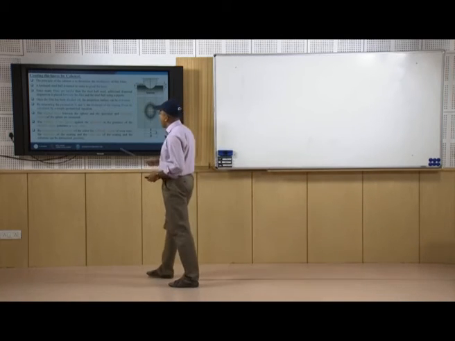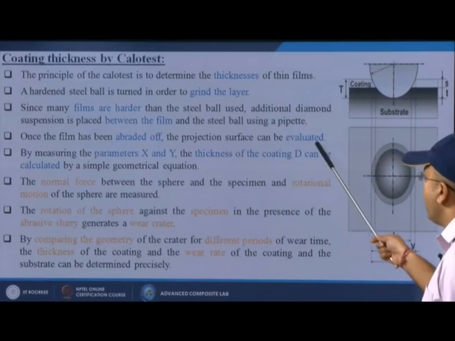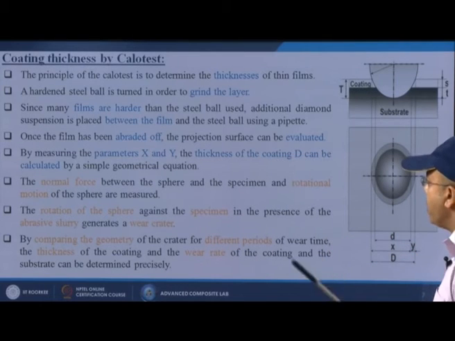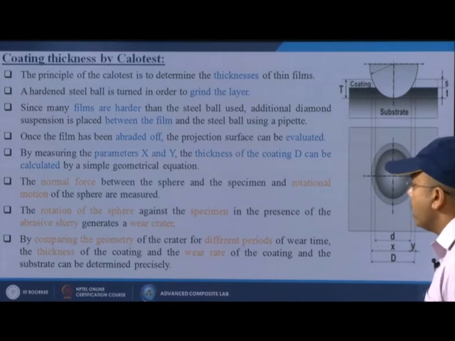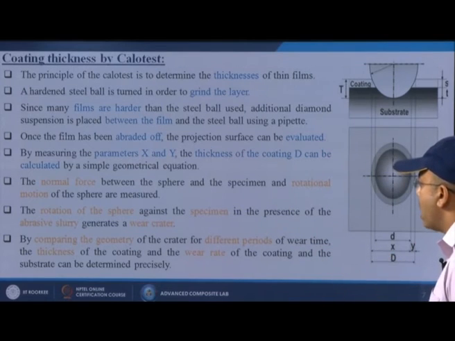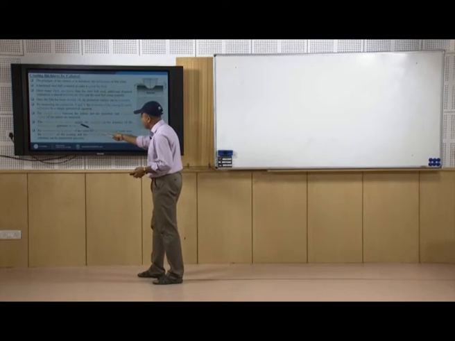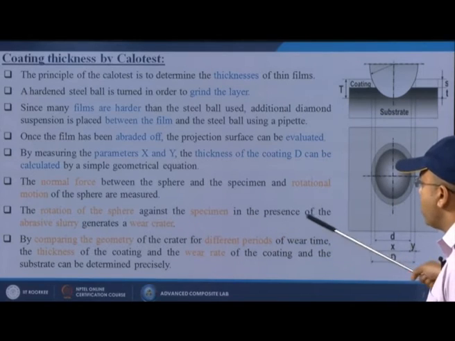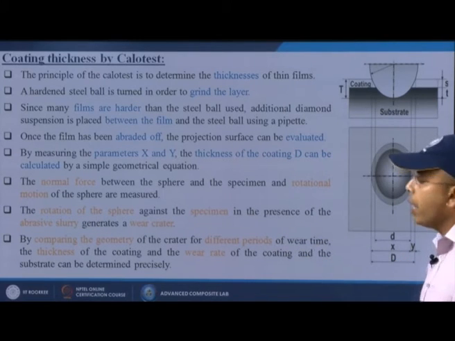Once the film has been abraded off, the projected surface can be evaluated. By measuring the parameters x and y, the thickness of the coating D can be calculated by simple geometrical conditions. The normal force between the sphere and the specimen and the rotational motion of the sphere are measured. The rotation of the sphere against the specimen in the presence of the abrasive slurry generates a wear crater.